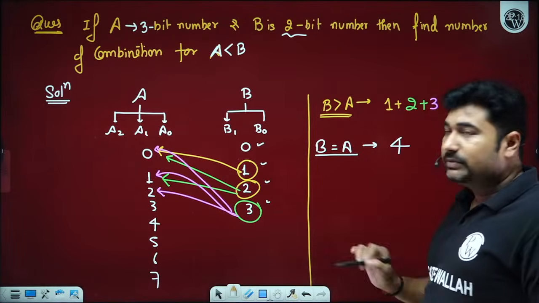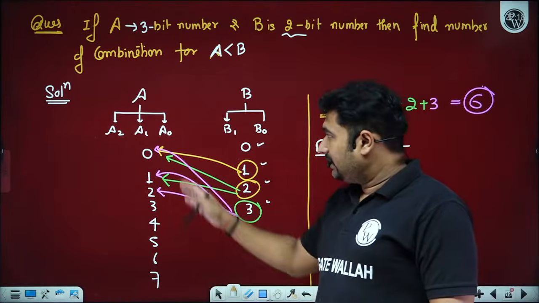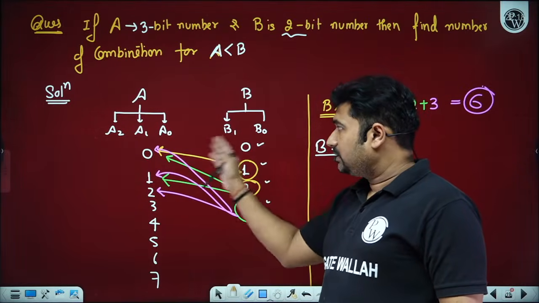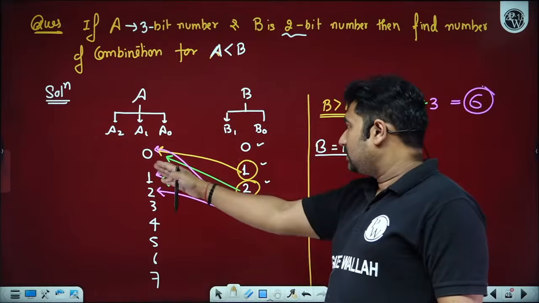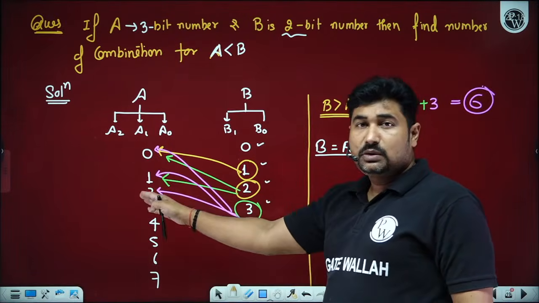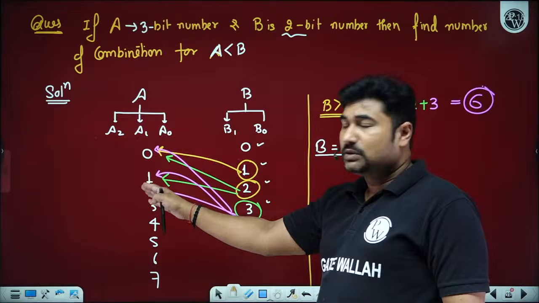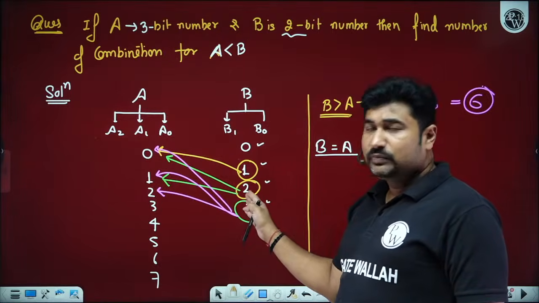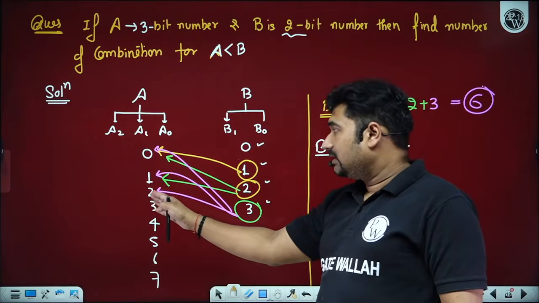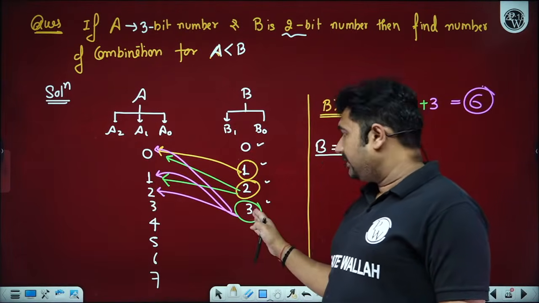So for these 4 combinations, A is becoming equal to B: 000 with 00, 001 with 01, 010 with 10, and 011 with 11.